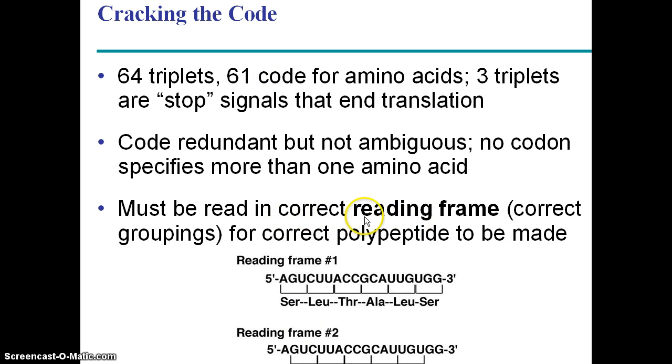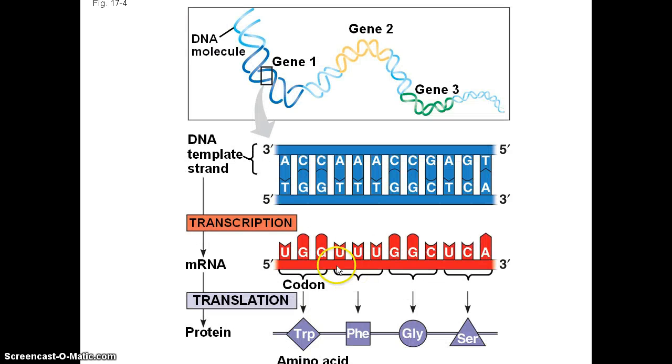Another important idea here is the concept of a reading frame. There are particular groupings of these bases for correct ordering of the amino acids. So the particular reading frame dictates the correct way to read this messenger RNA sequence to produce the polypeptide.